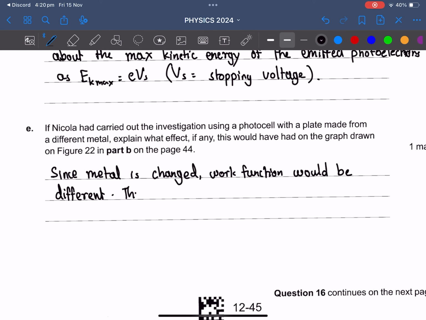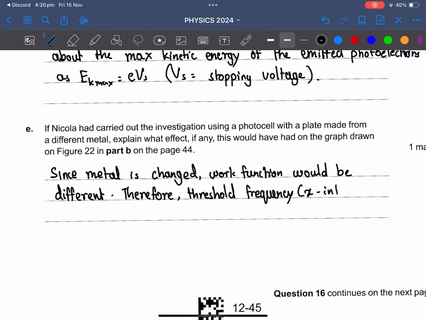And therefore, the threshold frequency, or maybe I should say the x-intercept, would be different.